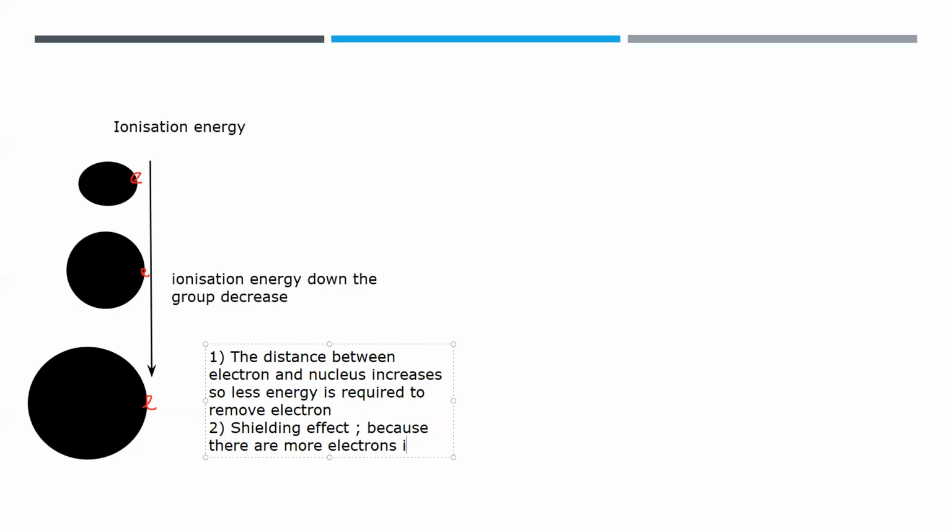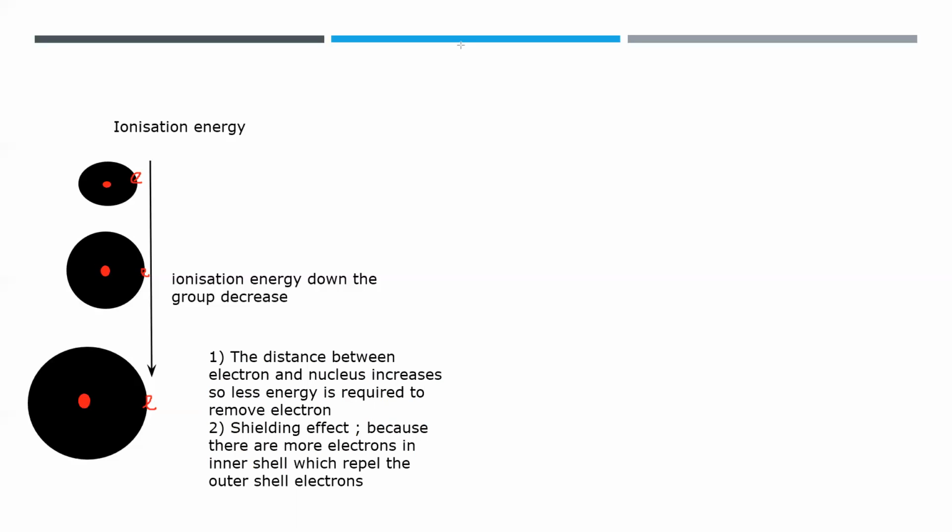Because there are more electrons in the inner shells, which repel the outer shell electron, it can be removed easily. What is the concept of a shielding effect? For example, if this is a nucleus, this is a nucleus for all these.